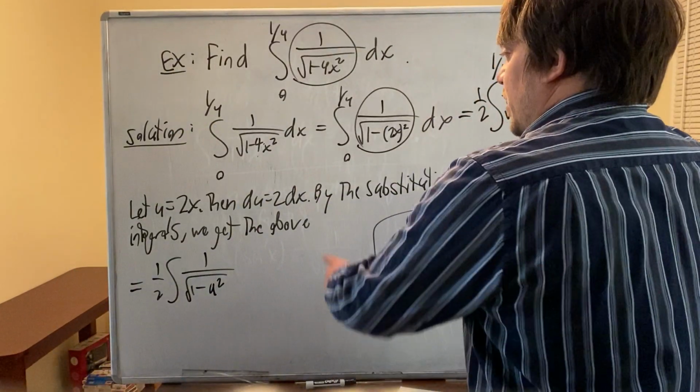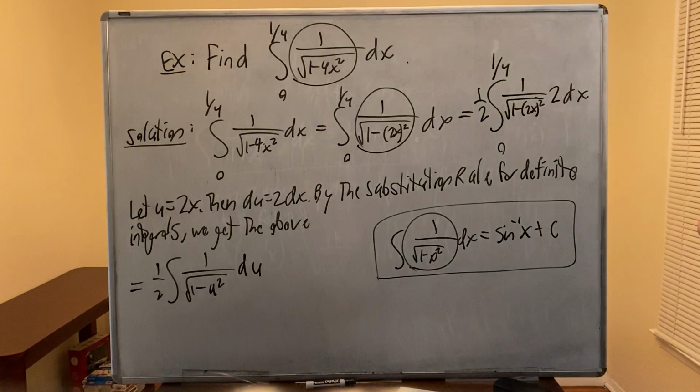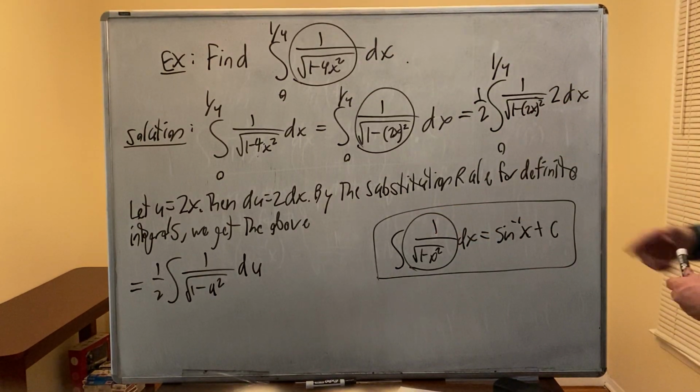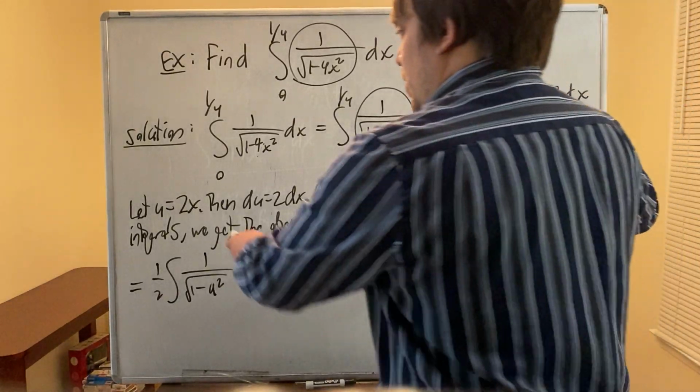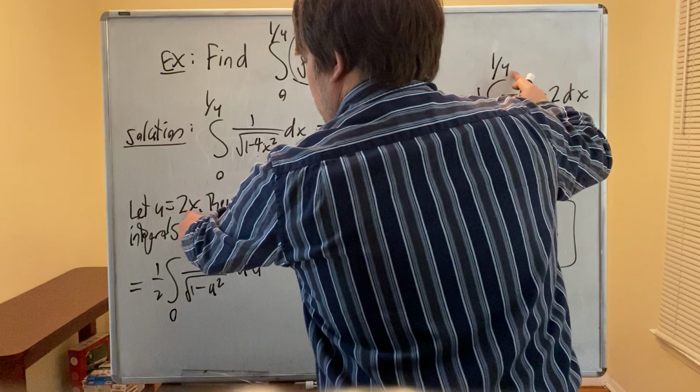And then 2 dx, which is du. So now we have that. And now substitute everything with x in it in terms of u. And now the new limits of integration are when x is 0, u is 0. And when x is 1/4, u is 1/2.